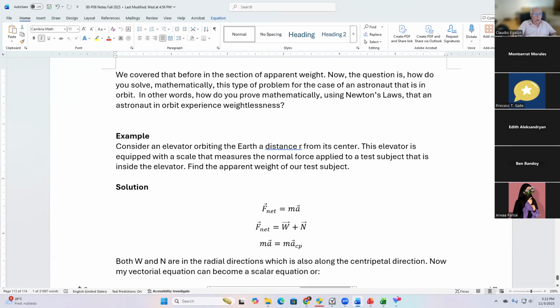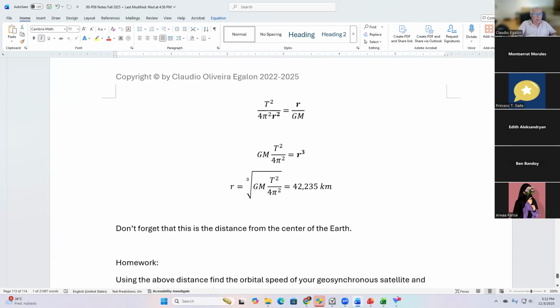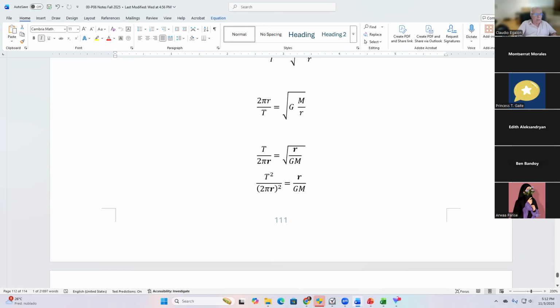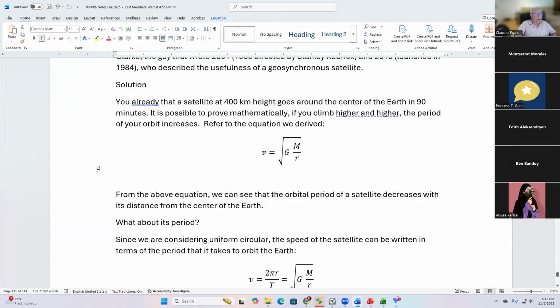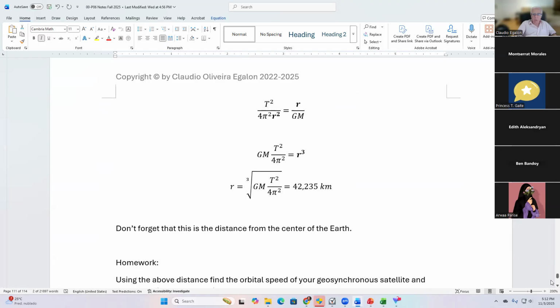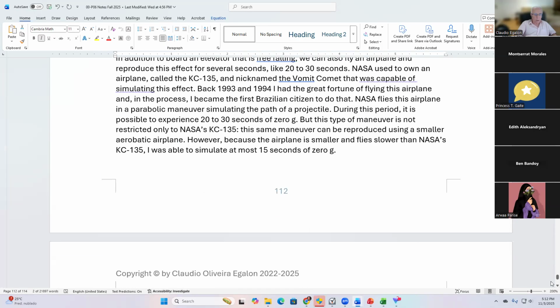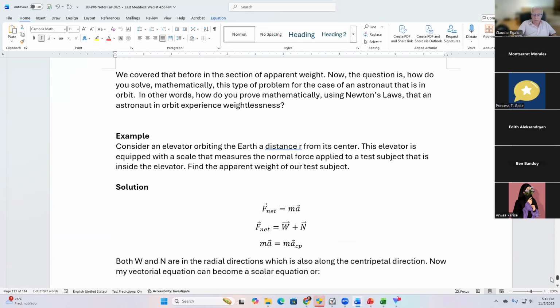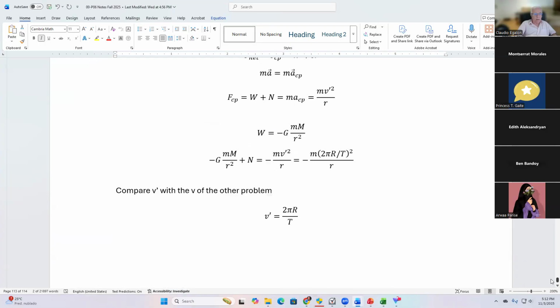Calculated that before. Let me get that. Here you go. Okay, this one here. One is the orbital velocity, the other is the tangential velocity of the Earth at the equator.